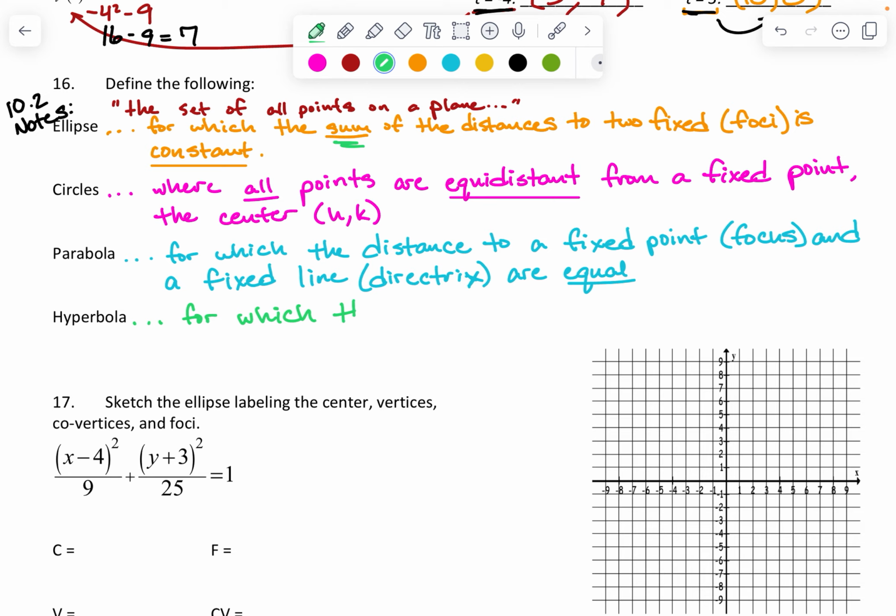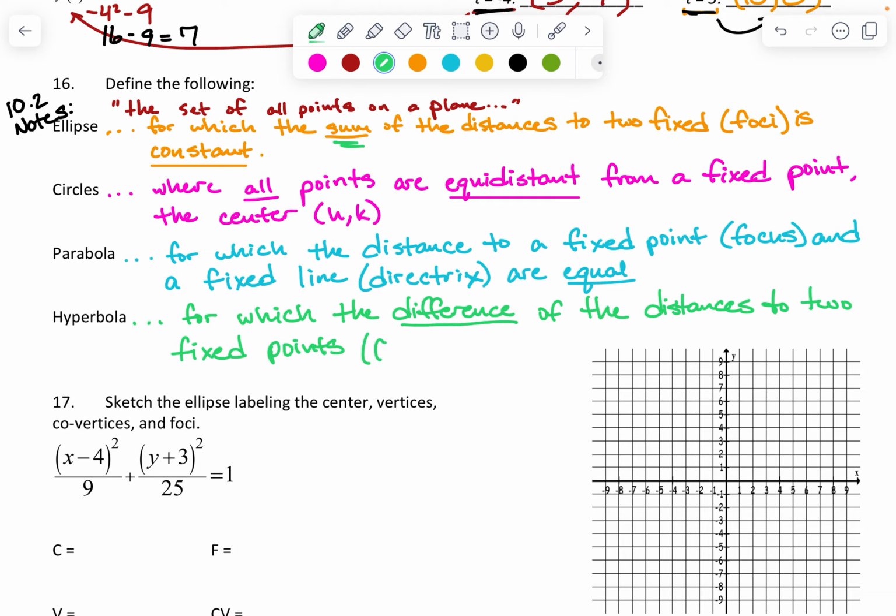Here we would say the difference, which implies that you are subtracting them, of the distances to two fixed points, the foci, is constant.